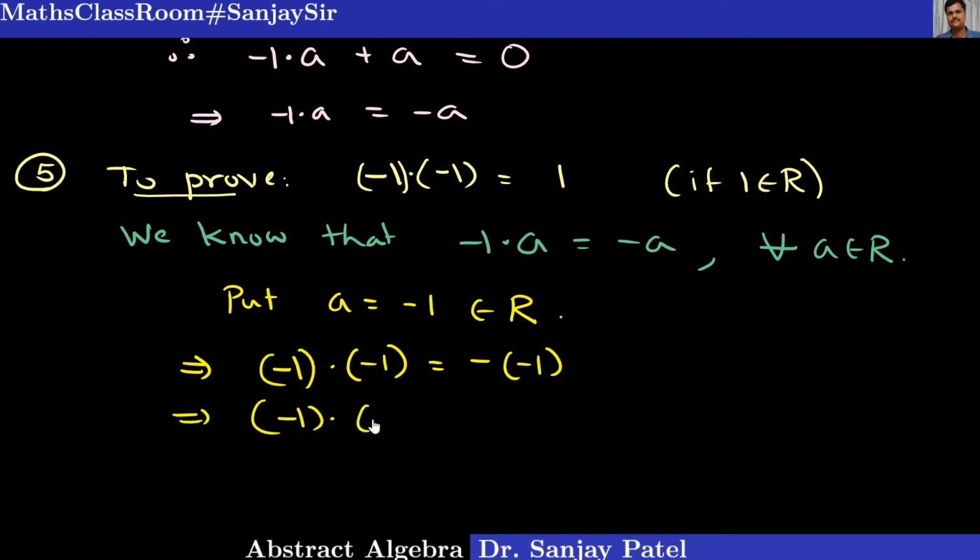Minus 1 into minus 1 is equal to plus 1, because the negative of a negative in any ring is equal to the original element. So it is proved. Hence the result is proved.